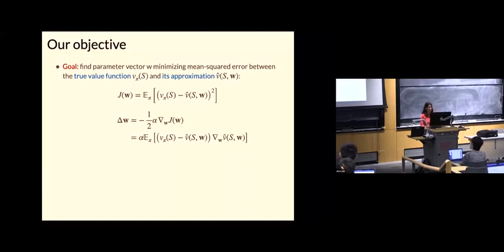The gradient of v pi of s is 0. V pi of s is constant. So the only thing that you are left with is the gradient with respect to the parameters w of v hat. Is that clear? I just differentiated the square. Is this 100% clear? This is a standard regression.